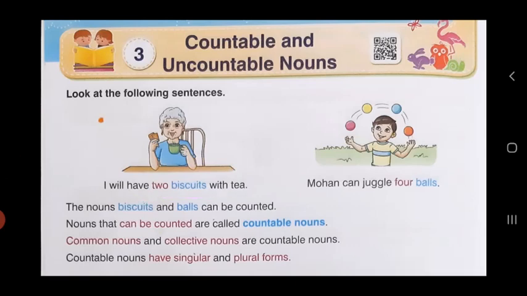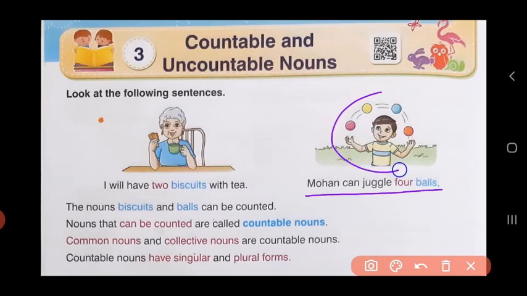Now, if I look at the noun biscuits in this sentence, can I count the number of biscuits? Yes, 2 biscuits. Now let's look at the second example. Mohan can juggle 4 balls.